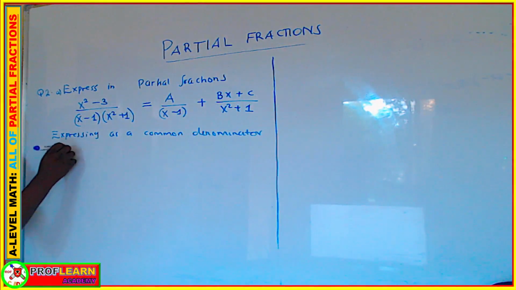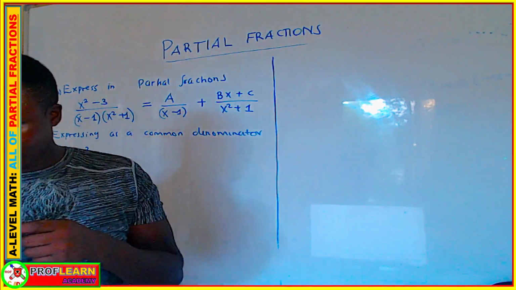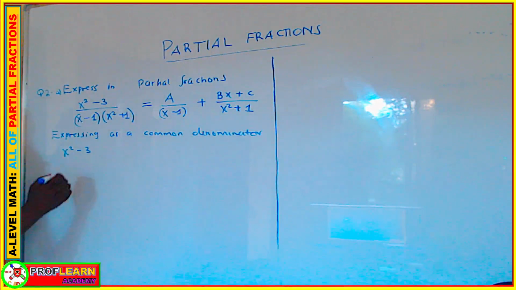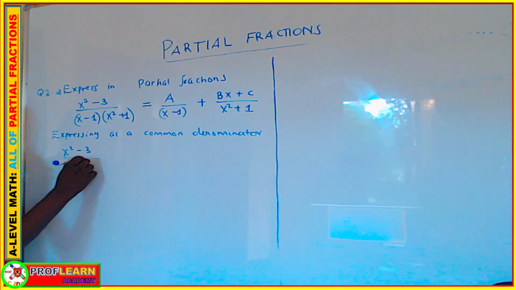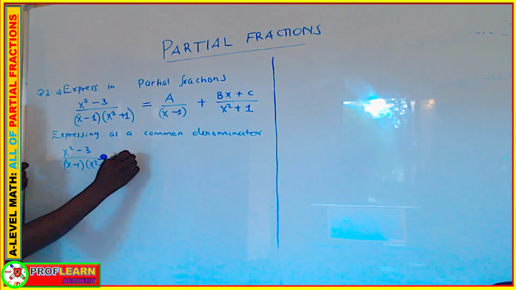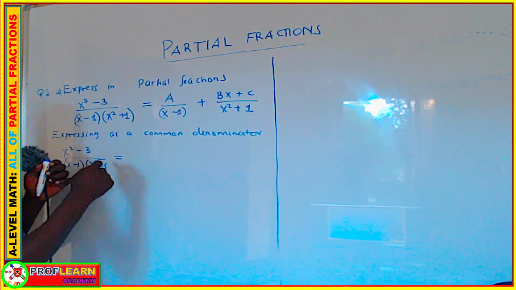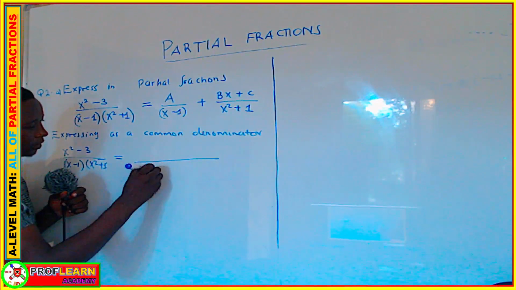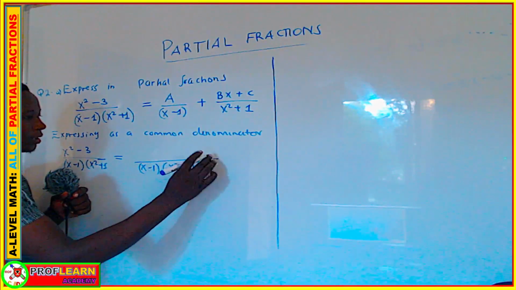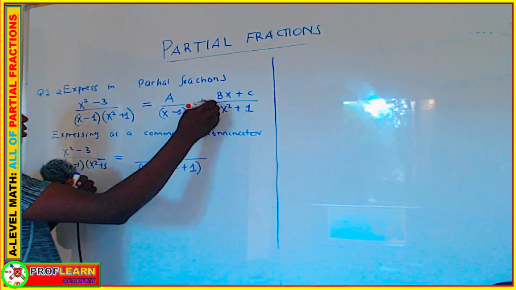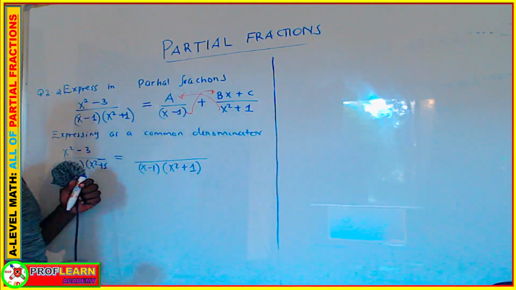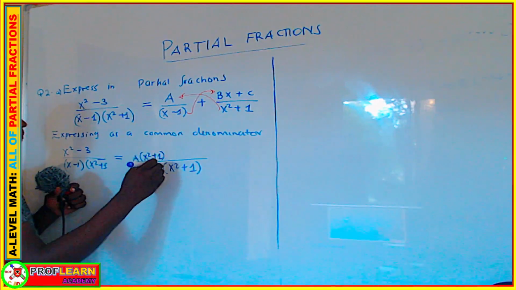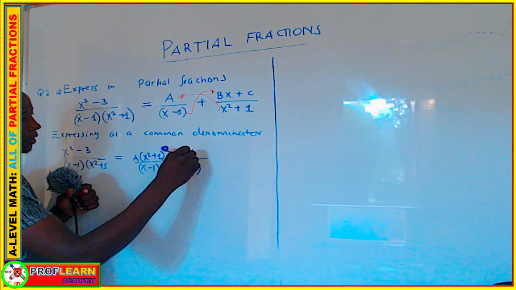Let me write this: x squared minus 3 over (x minus 1)(x squared plus 1) is going to be equal to, on the right hand side, (x minus 1)(x squared plus 1) as the common denominator, with A multiplied by x squared plus 1, plus the other term multiplied by x minus 1.